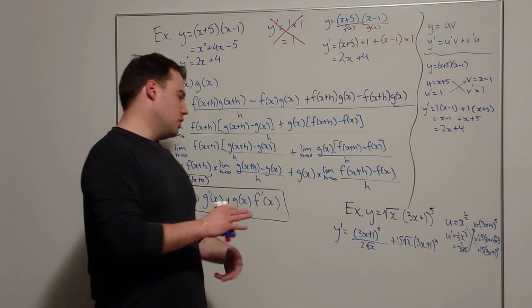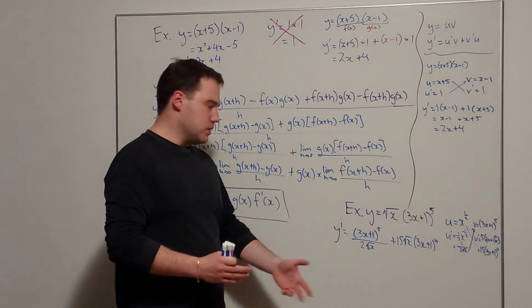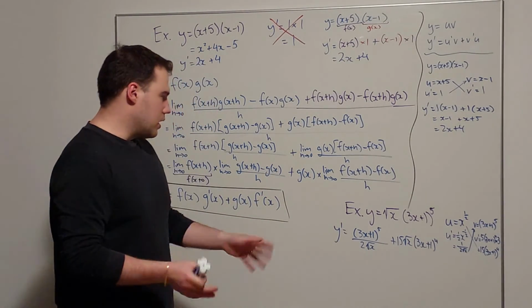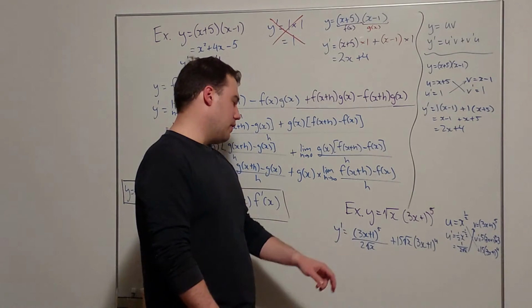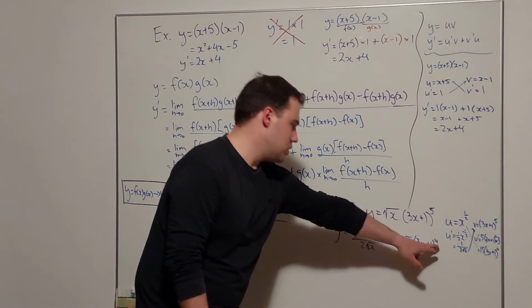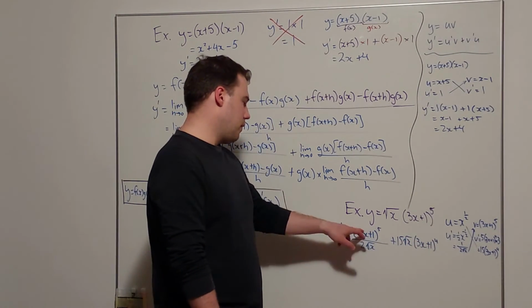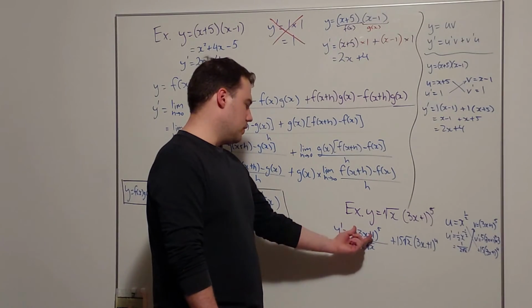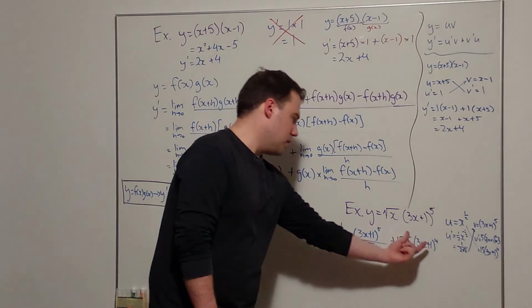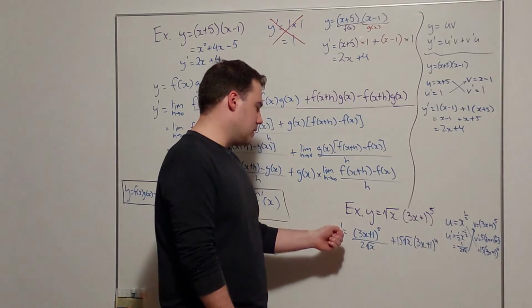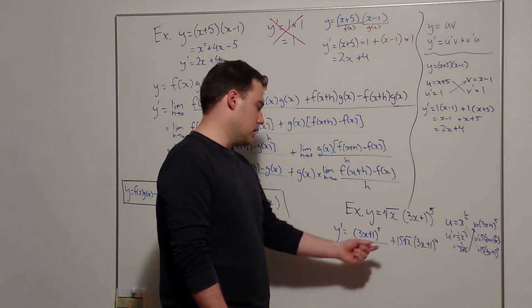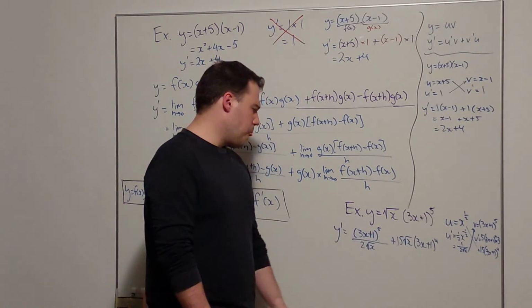Now, we could do a little bit of algebra to simplify this bit. Like you might notice 3x plus 1 to the 5 is 3x plus 1 to the 4 times another 3x plus 1. So you can, for example, take out 3x plus 1 to the 4 as a common factor outside of 3x plus 1 over 2 root x plus 15 root x.